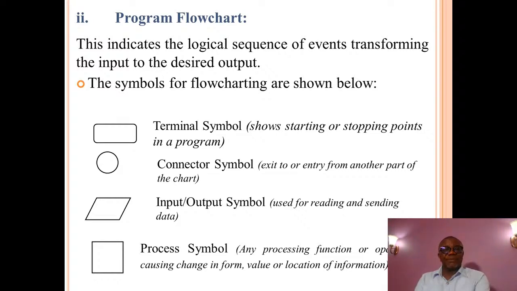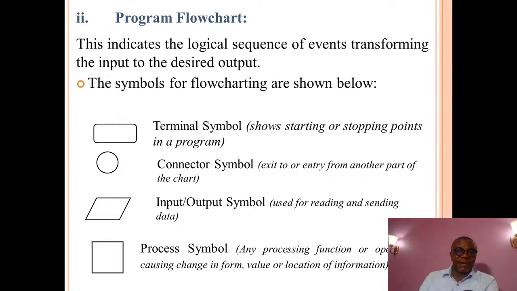So the first one there is called the terminal symbol, which shows starting or stopping point in a program. The small circle is called the connector symbol, which shows the exit to or entry from another part of the chart.